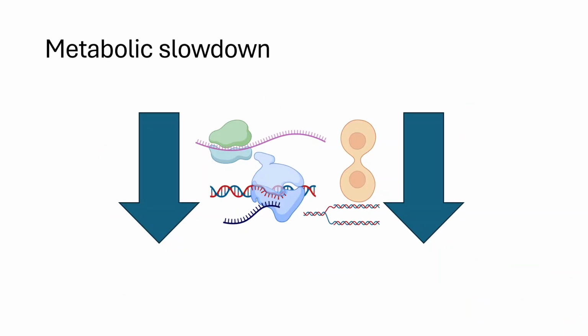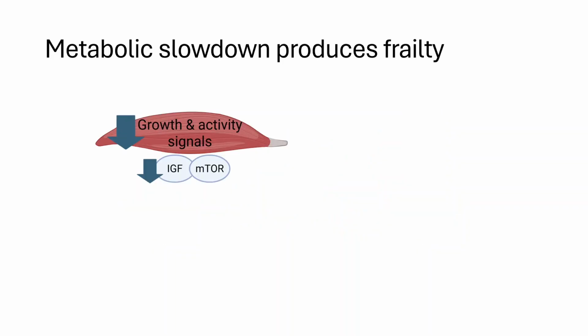And the result of that, we suggested, was reduced protein translation, transcription, DNA replication, and cell proliferation, which means that over time our tissues are going to be less responsive to these growth signals. They will proliferate less and they are more likely to die off, which leads to processes like sarcopenia, which is muscle loss, and dynapenia, which is muscle weakening.